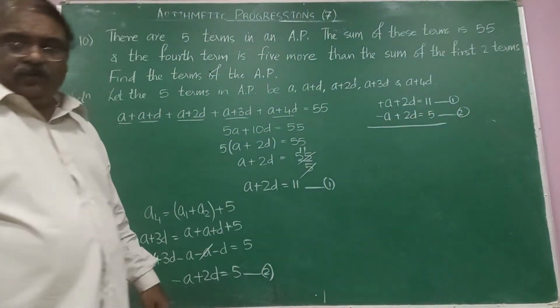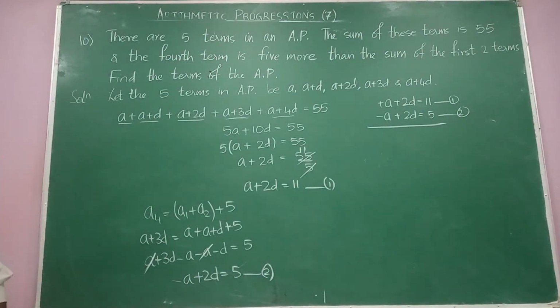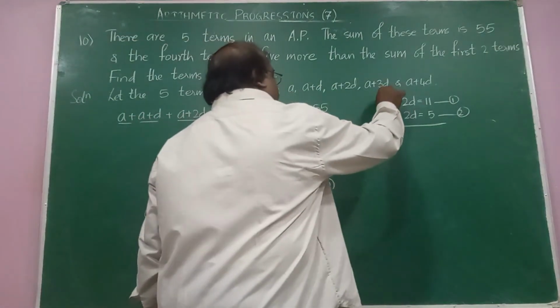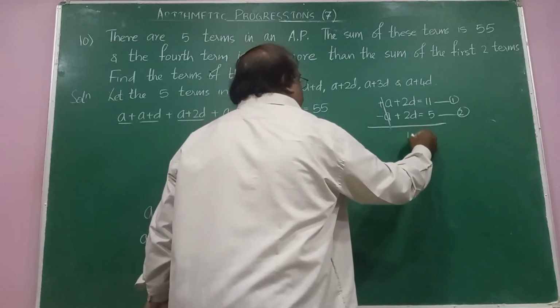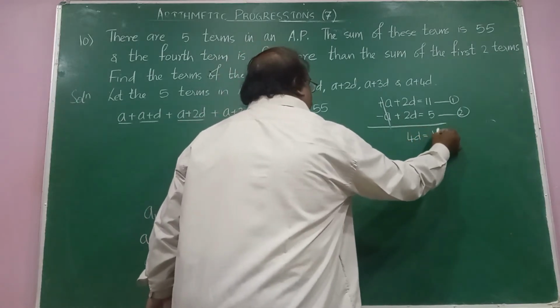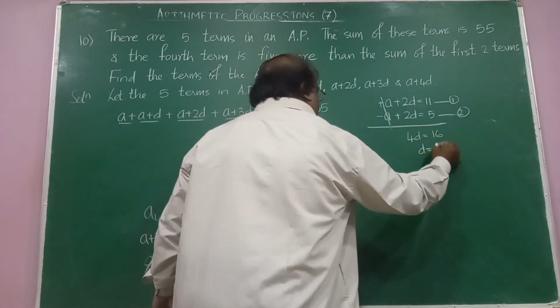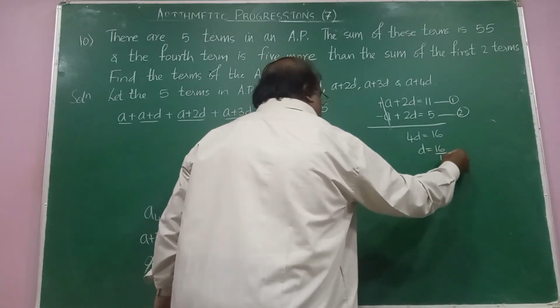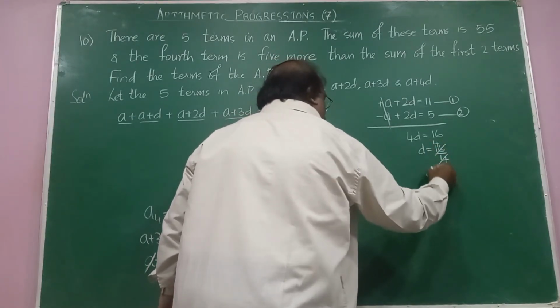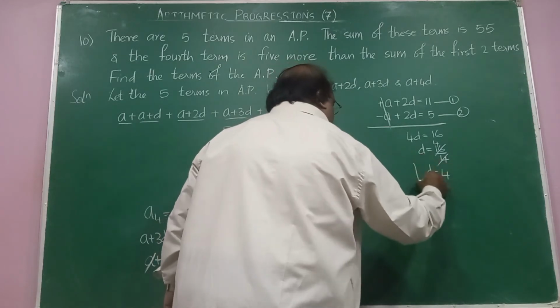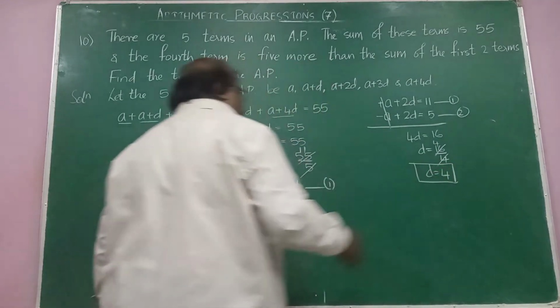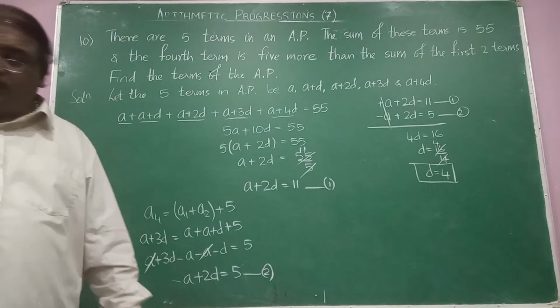Shall I add the two equations or subtract the two equations? Let me add the two equations. Plus 2D and plus 2D, 4D is equal to 16. So D is equal to 16 upon 4. 4 ones are 4, 4 fours are 16. I have got the value of D. What is the value of D?